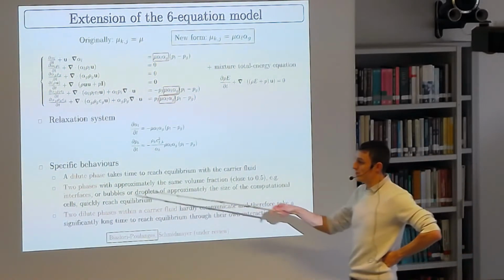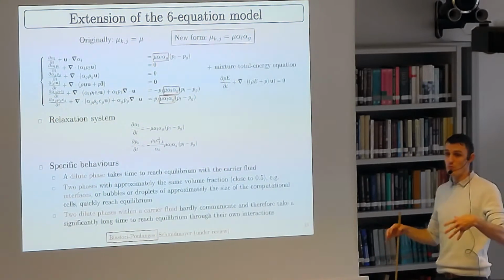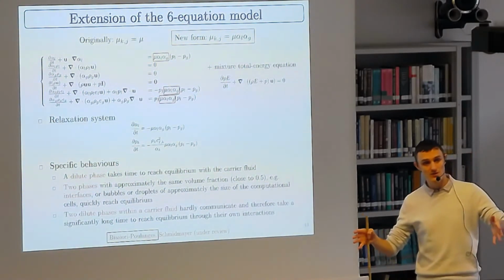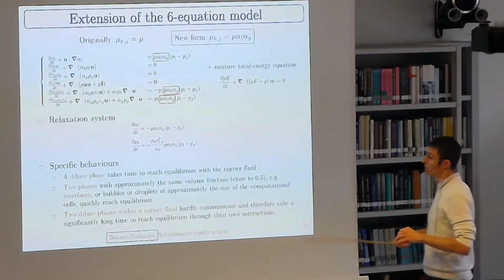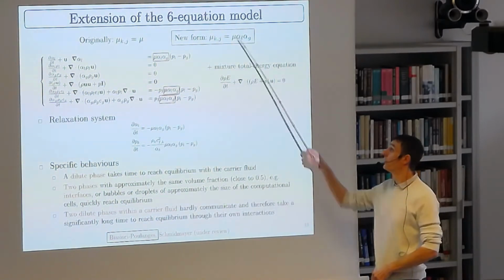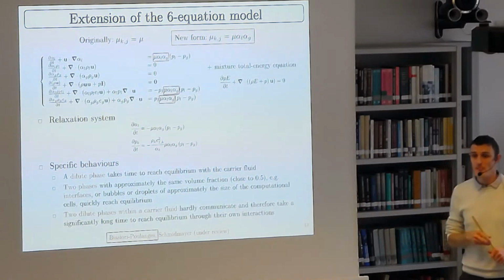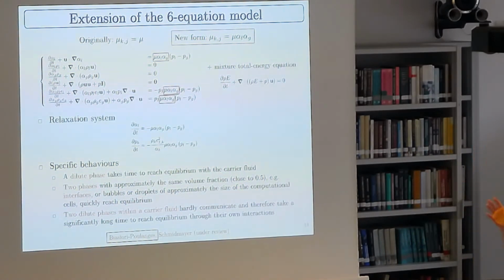Let's say the phase you want, so you will have a time for the bubbles and liquid to reach equilibrium. Let's say the volume fraction of bubbles is 10 to the -6.